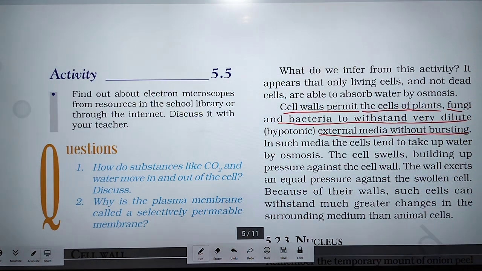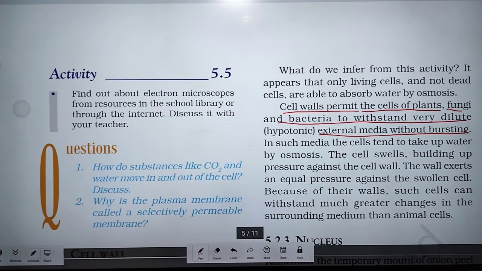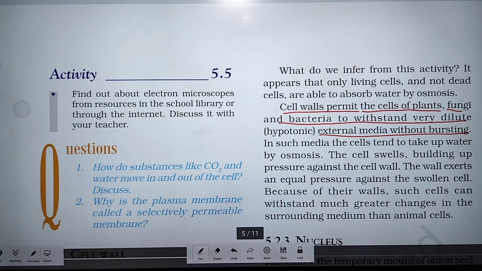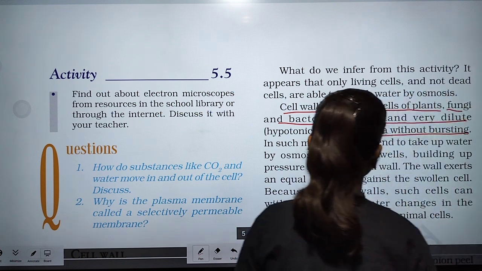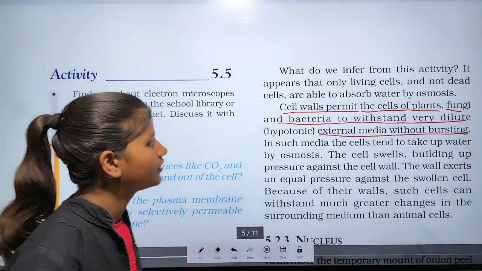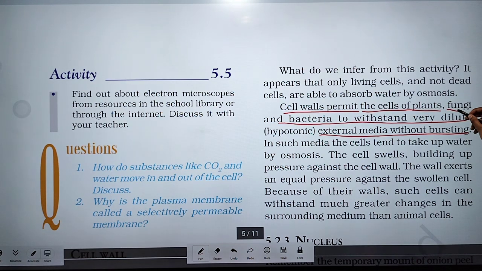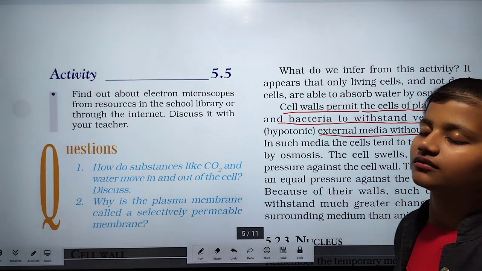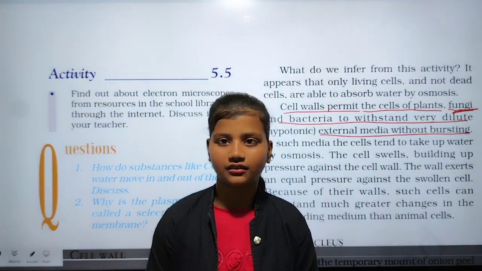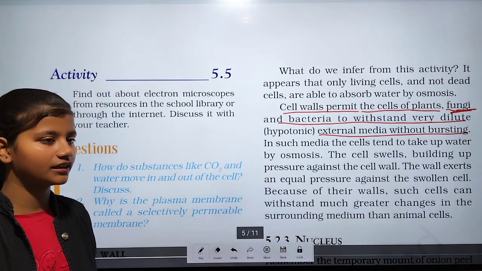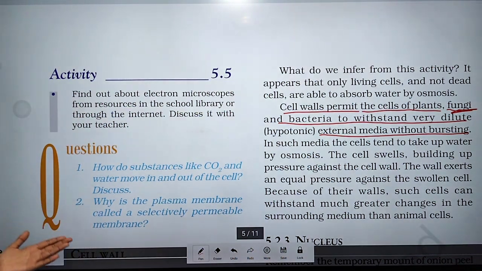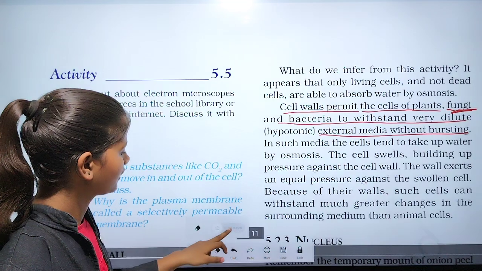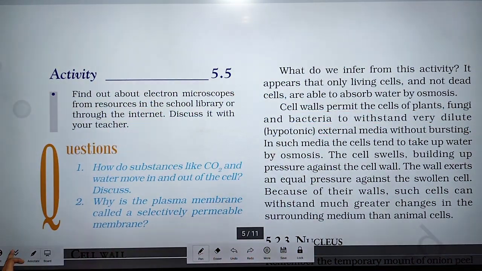Fungi also have a cell wall, and so do bacteria. In prokaryotes, all members are made up of cells with a cell wall, except animal cells.